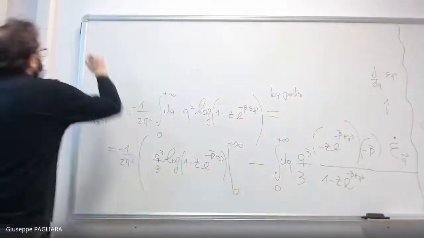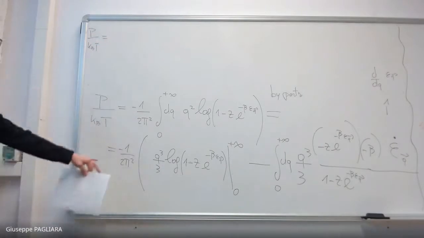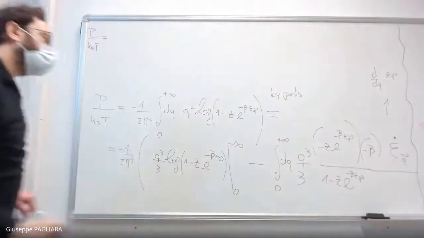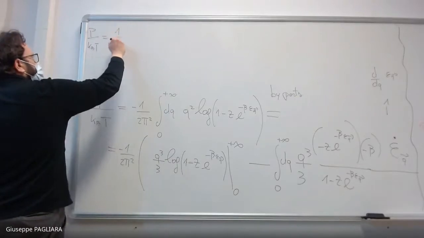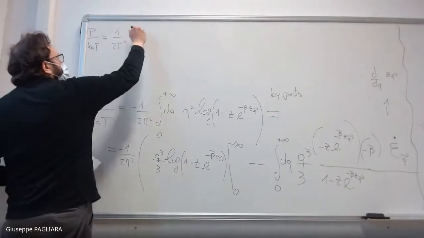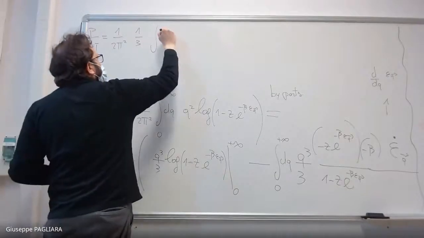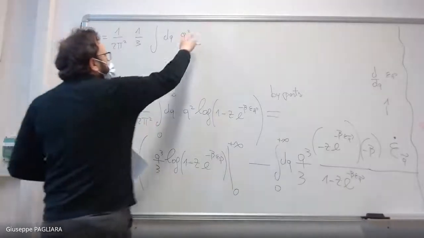Let me work out the second term a little bit. So I get p divided by k_B T equal to: I have a minus here, a minus here, and then a minus there, so the minus will drop. And so I have 1 divided by 2 pi squared, and then the 1/3 which is in here, the integral over q squared, q cubed.